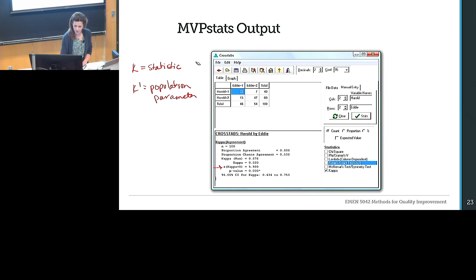We're testing the hypothesis that kappa prime, the population parameter, equals 0. That's saying there's no agreement above and beyond chance.